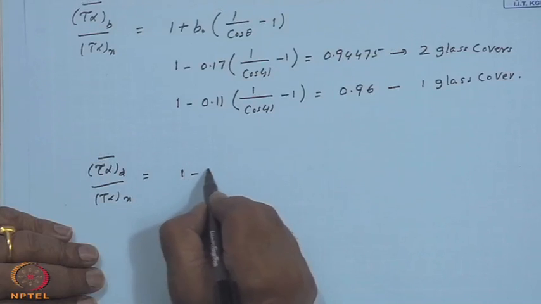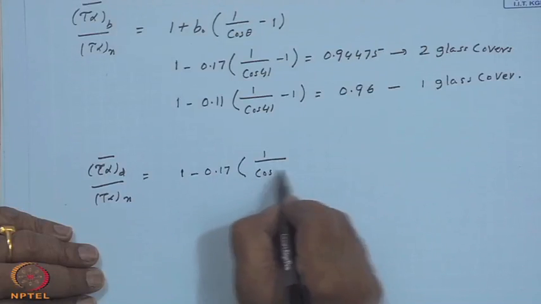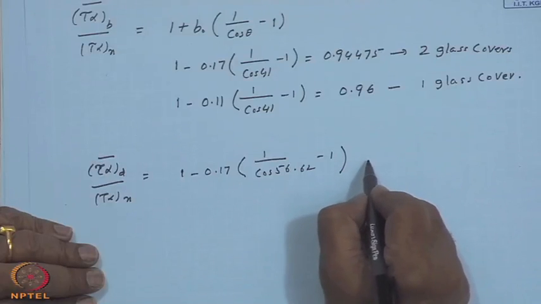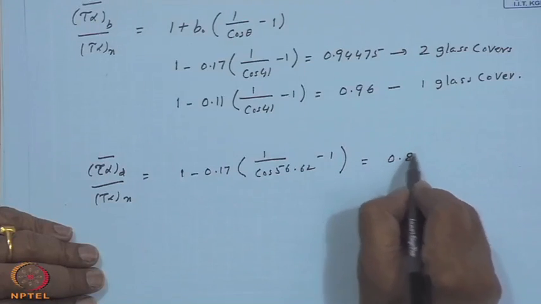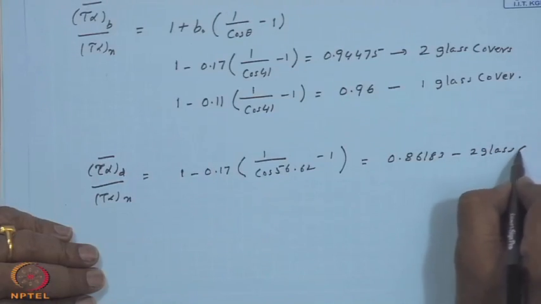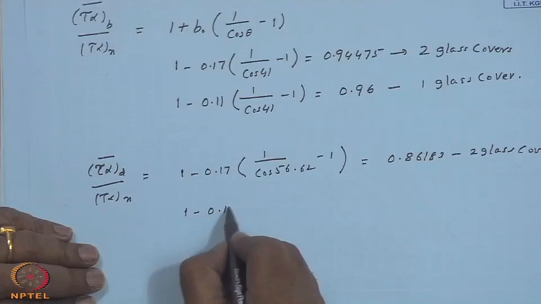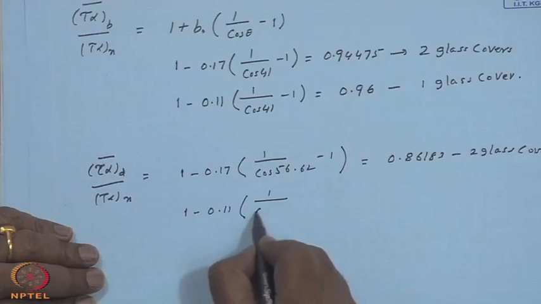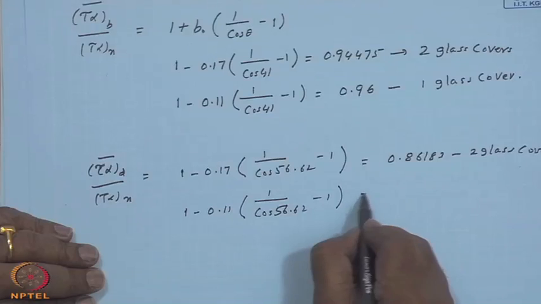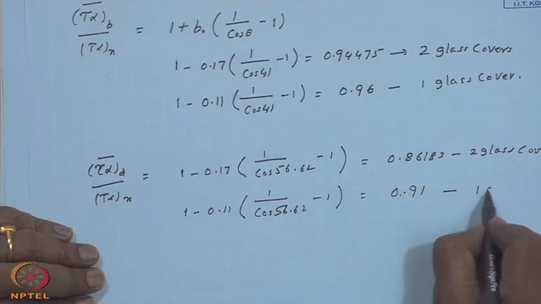So, I will have 1 minus 0.17 into 1 upon cos 56.62 minus 1, which is 0.86183 for two glass covers, and this will be 1 minus 0.11 into 1 upon cos 56.62 minus 1, which is about 0.91, again for one glass cover.